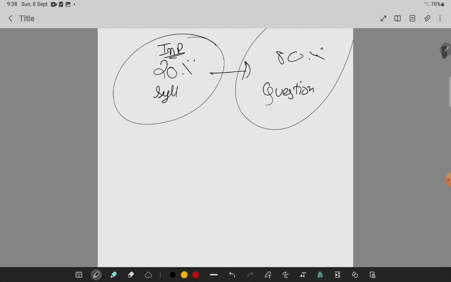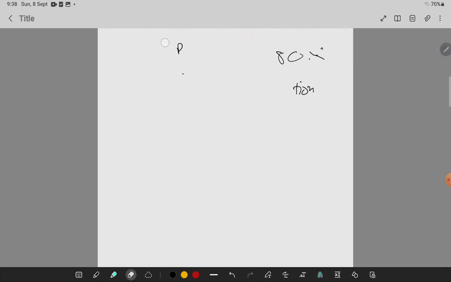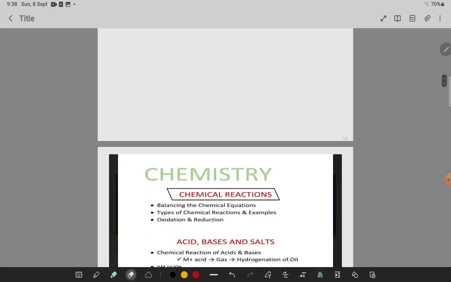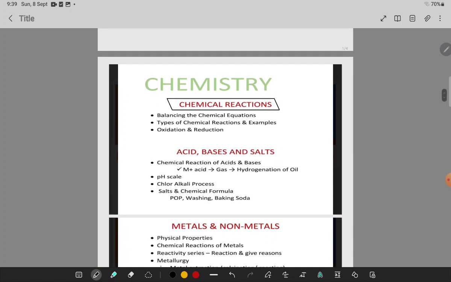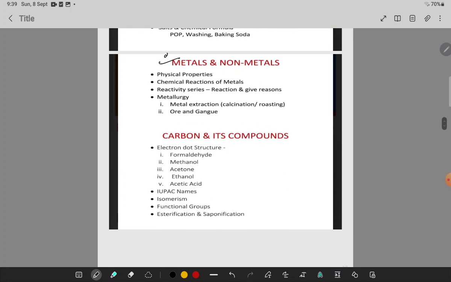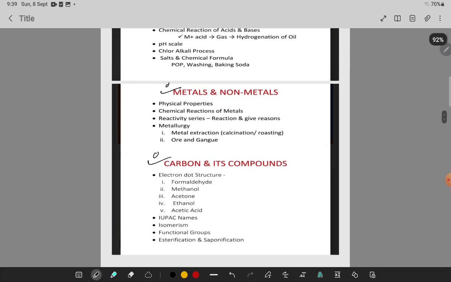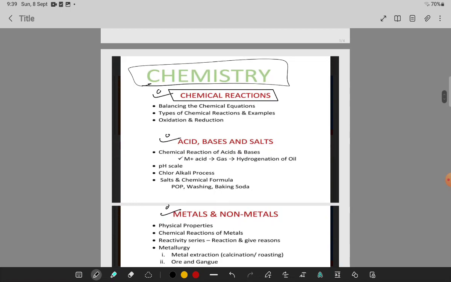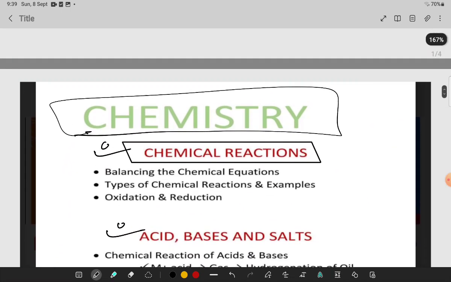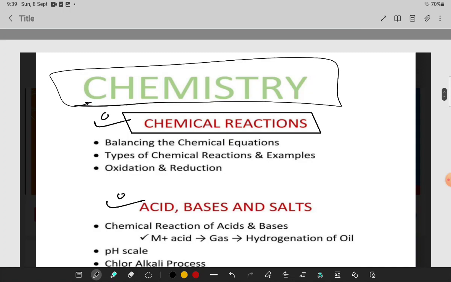For example, we have made a PPT or a list of important topics in each chapter. For example, in chemistry we have made chemical reactions, acid base, metal non-metal, carbon and its compounds. And in the same way in biology, in physics, in environment, in all of them we have made a chapter-wise booklet of important topics.